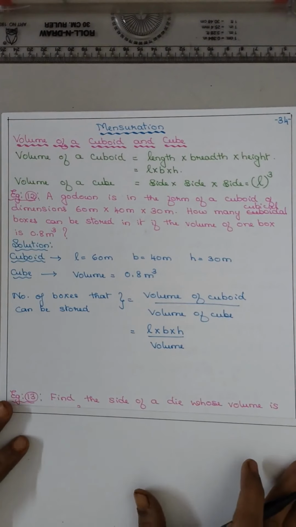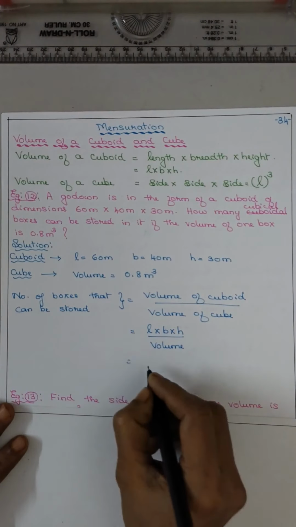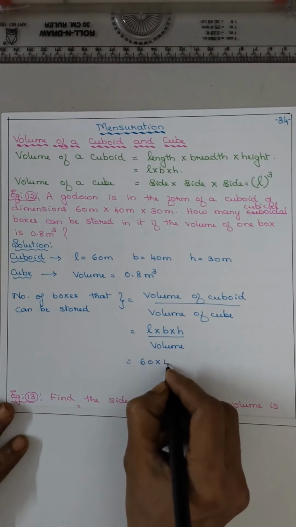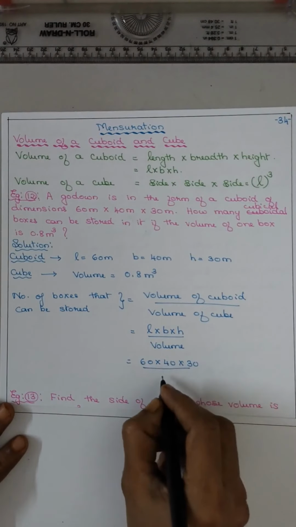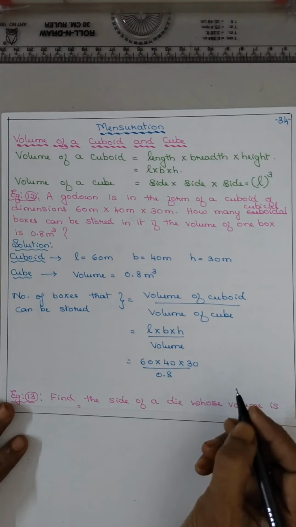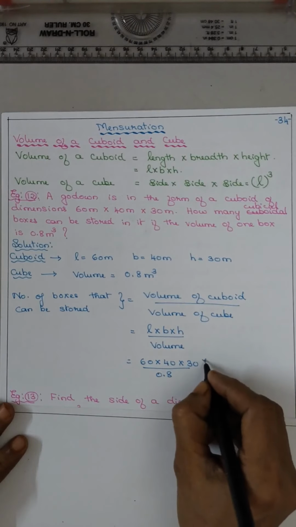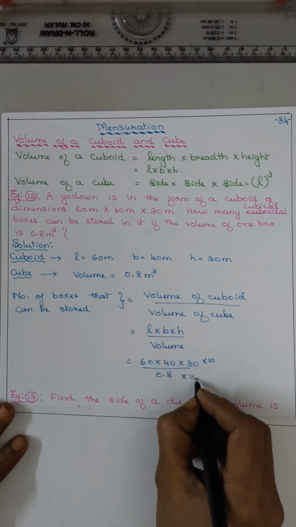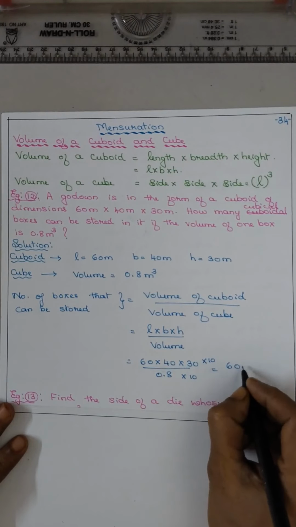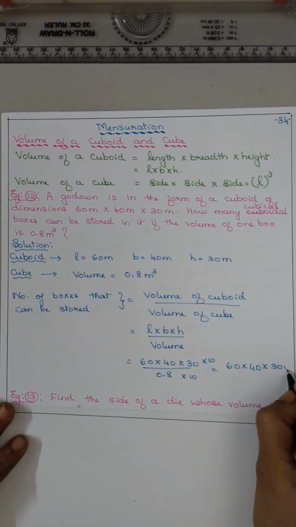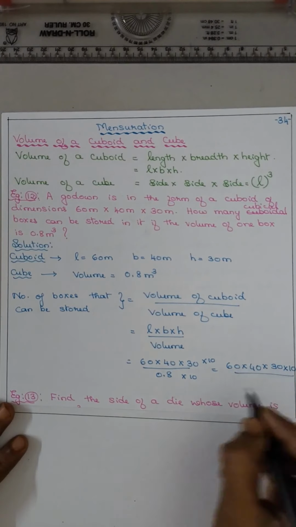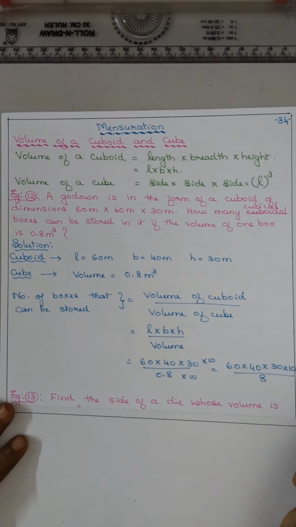It is 60 into 40 into 30 upon 0.8. To remove the decimal, multiply by 10. So you will get 60 into 40 into 30 into 10, and denominator it will be only 8.